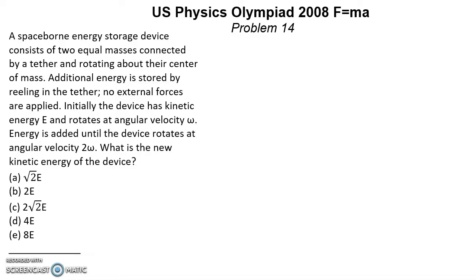So first of all, we can write the equation for kinetic energy. Kinetic energy equals 1/2 moment of inertia multiplied by omega squared. If we notice that angular momentum equals this expression, we can rewrite kinetic energy in this form.